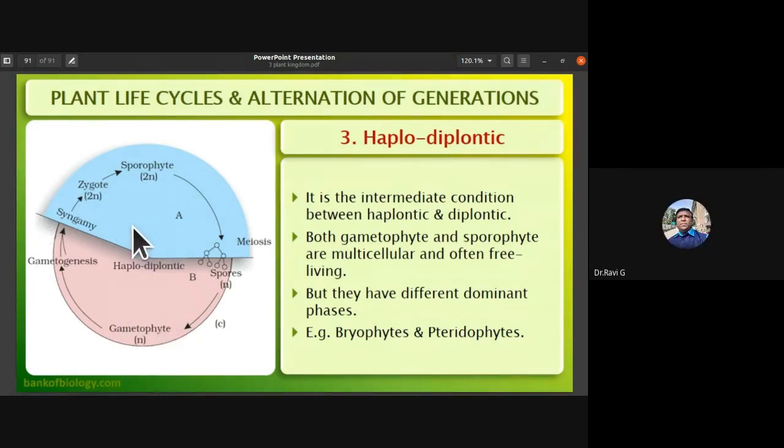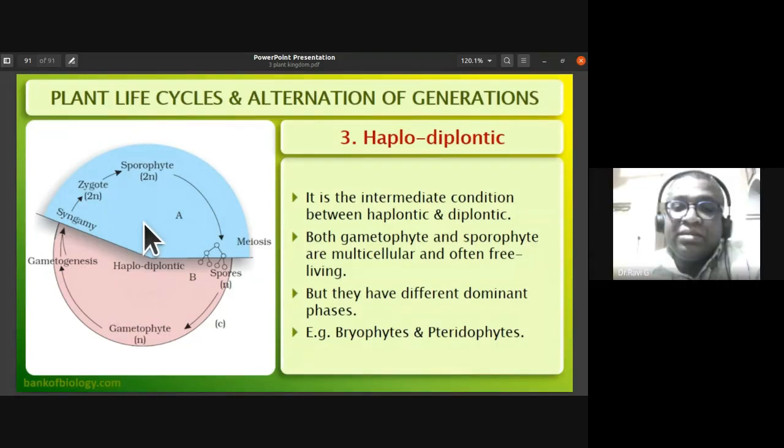You find that the life cycles of both gametophyte and sporophyte are equally seen. It is an intermediate condition between the haplontic and diplontic life cycles. The sporophytic phase runs from the zygote to the sporophyte, up to the formation of spores.